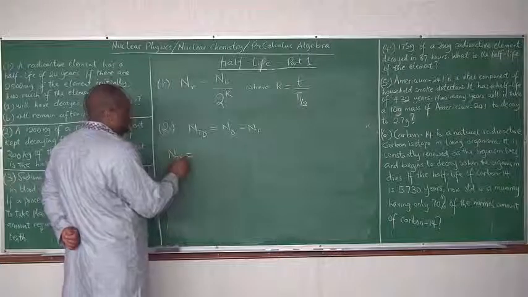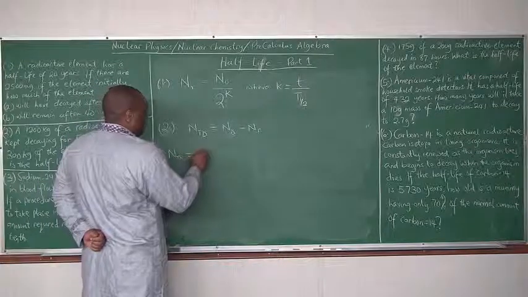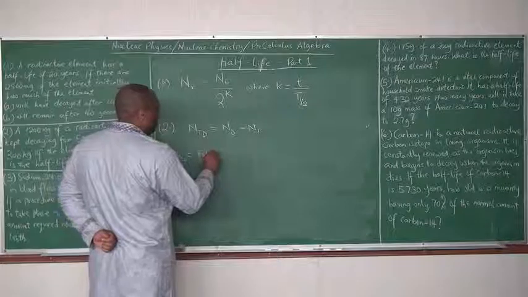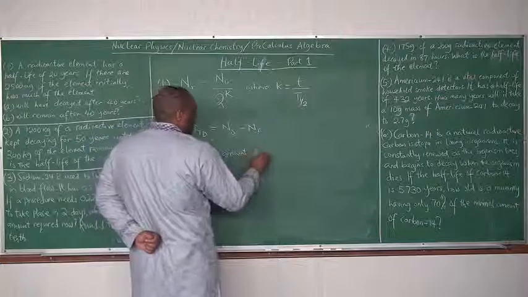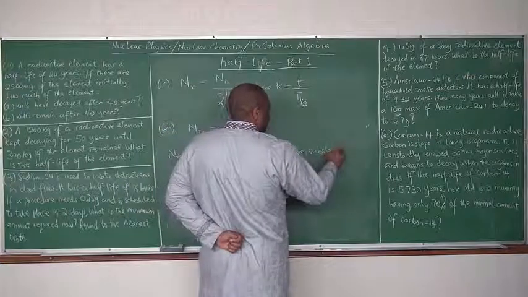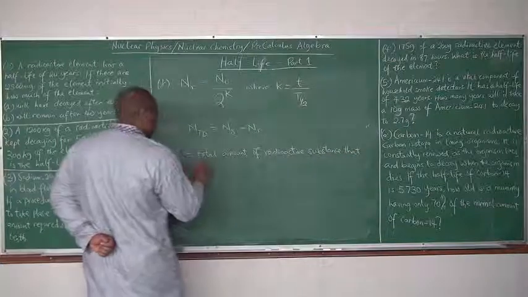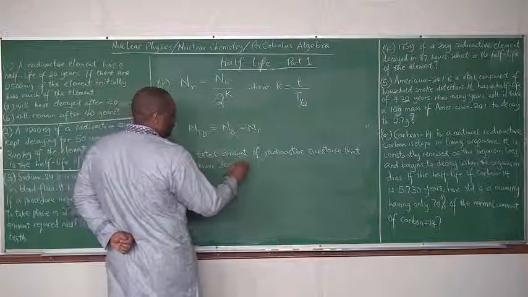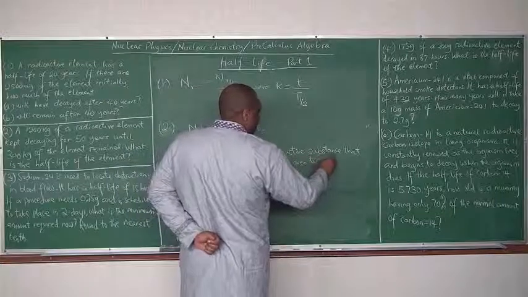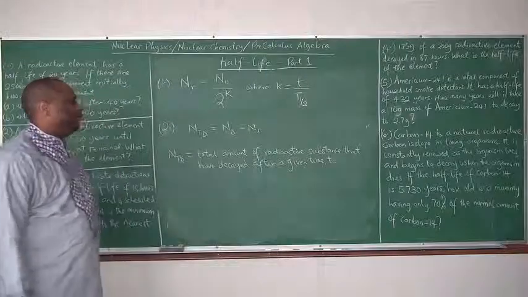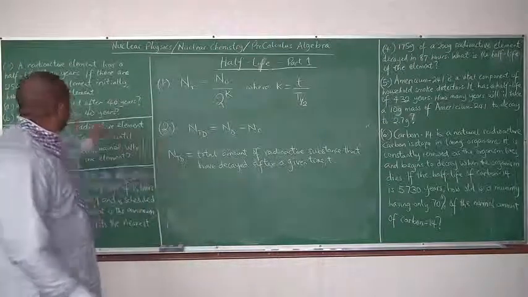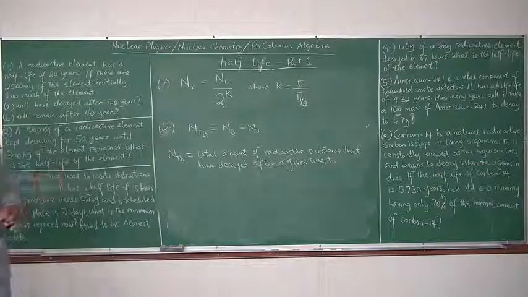N subscript TD is what? This is the total amount of radioactive substance that have decayed after a given time T. So if we were to use this here, we'll have decayed after 40 years.